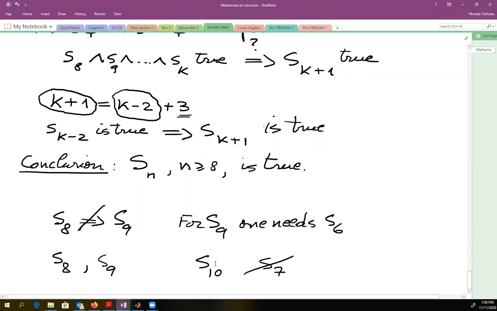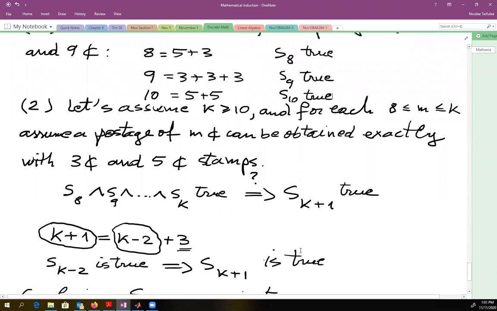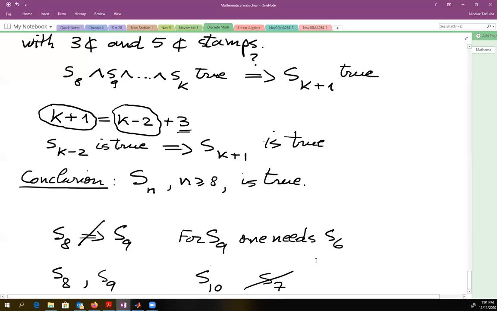So maybe at this step we should add S10 as well. That's easy, right? It's 5 plus 5. So S10 is true. So verify S10 in the basis step as well, because otherwise, in the dominoes effect, for S10, you don't have S7.